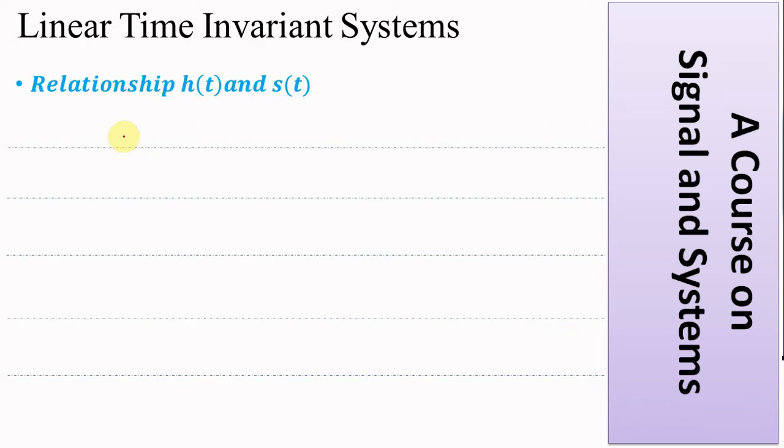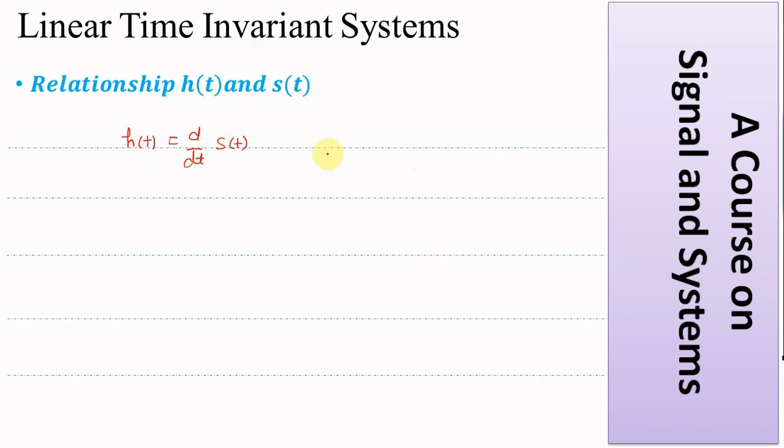So h(t) will be equal to the first order derivative of the step response. So the unit impulse response of an LTI system is equal to the first order derivative with respect to time of the step response of the system.